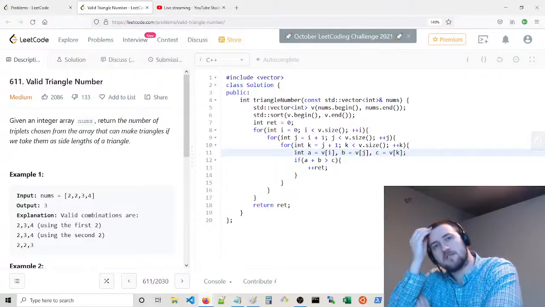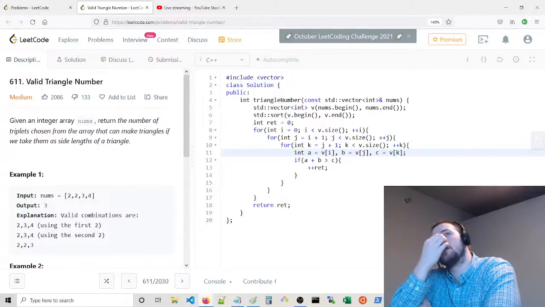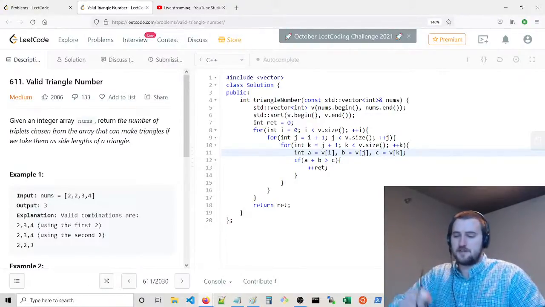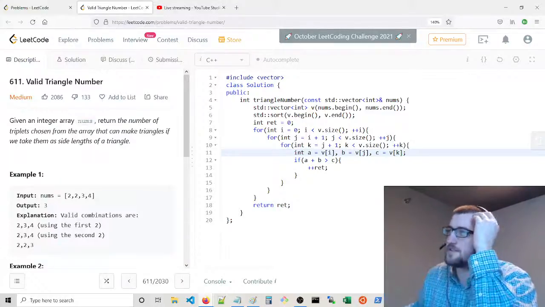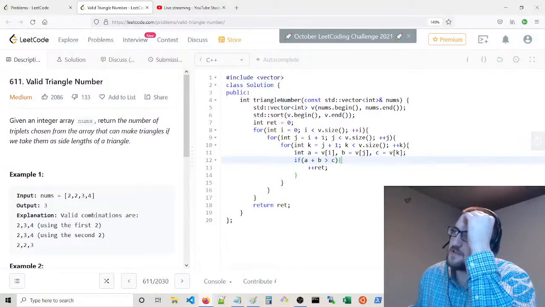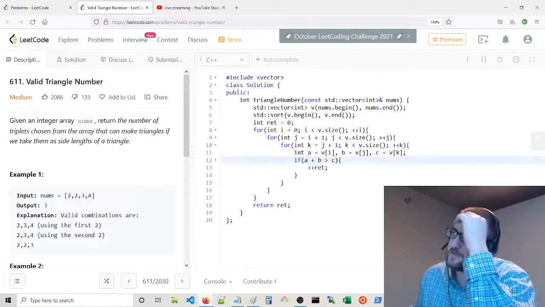So instead of doing cubic time, this could be quadratic, n squared log n. So for each AB pair, you're looking for all the C values that are larger than B, but smaller than A plus B.